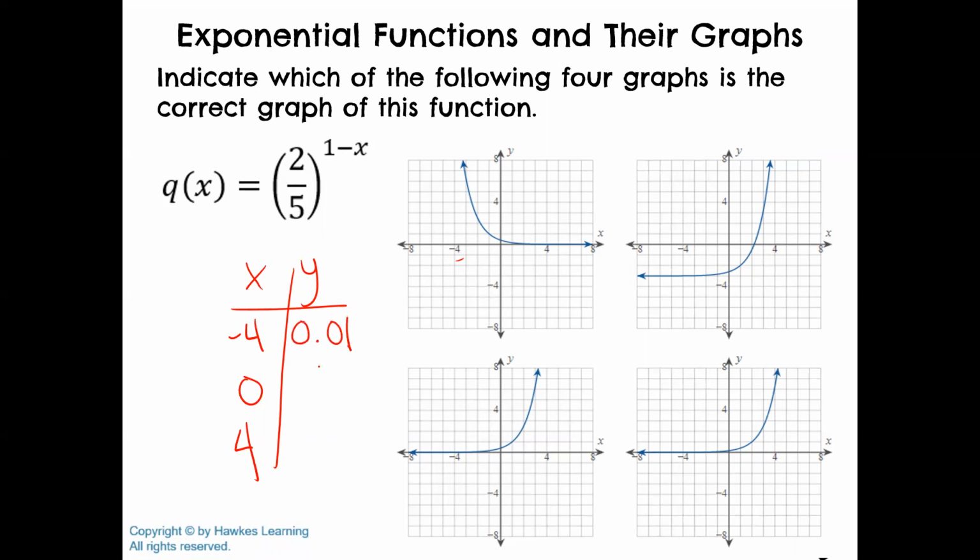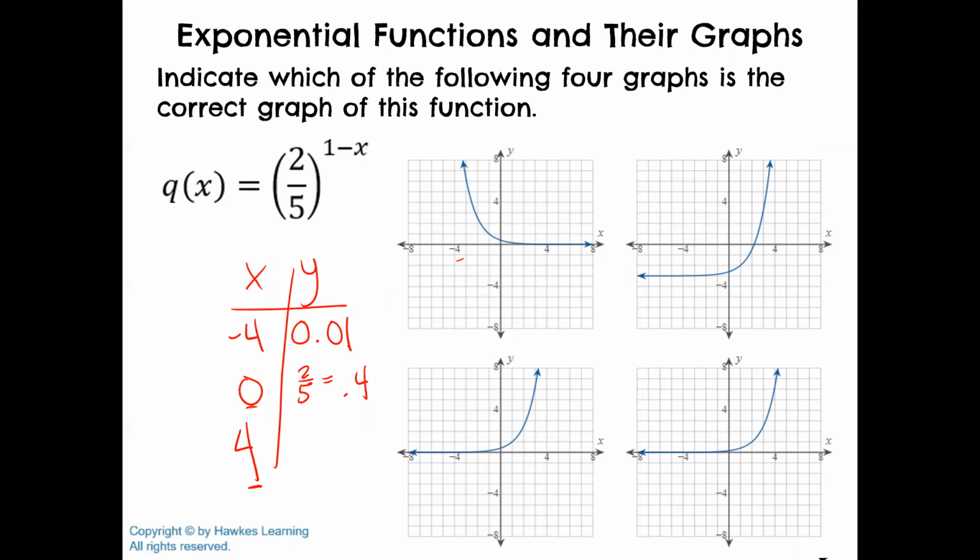Then when x is 0, 1 minus 0 is 1, so this is 2/5 or 0.4.